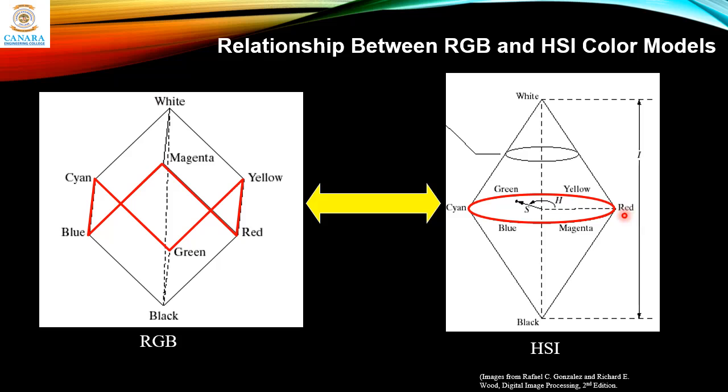Next, if you extend it into three-dimensional space, as you increase the brightness you get white, as you decrease the brightness you get black. And observe one thing here, as you increase or decrease the brightness, the area of this red circle decreases. So it is maximum only at this mid level.